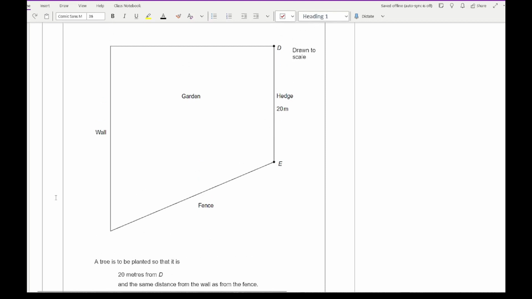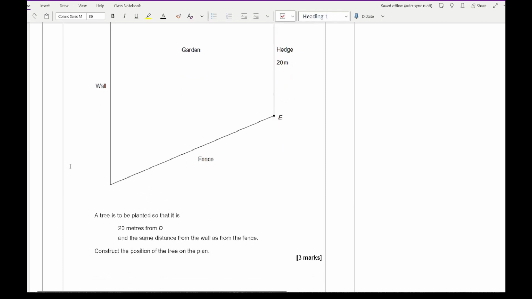So for this, what we need to do is take these two bits of instruction that we've got, so let me just highlight this bit here first. We need to draw a circle from D with a radius of DE.